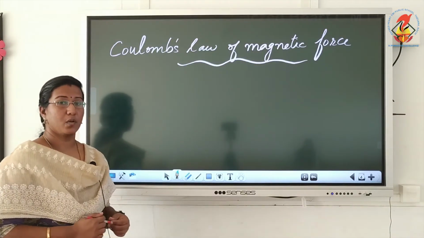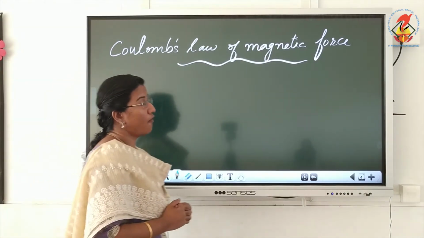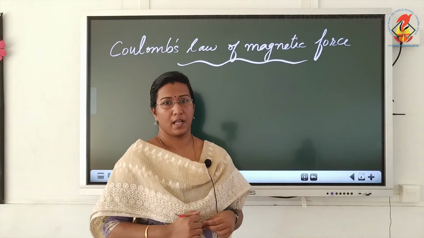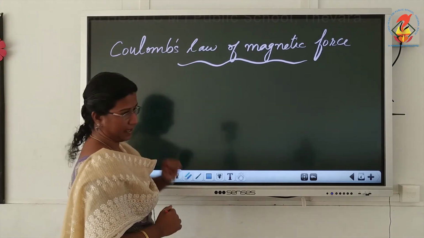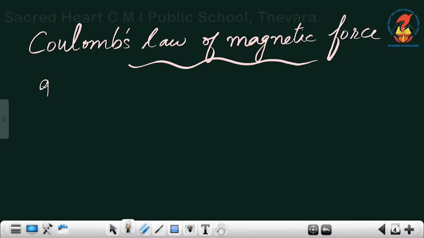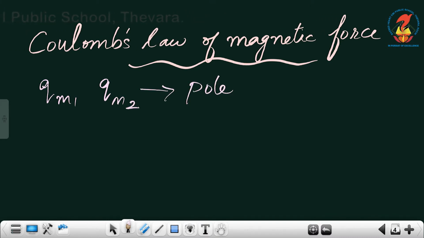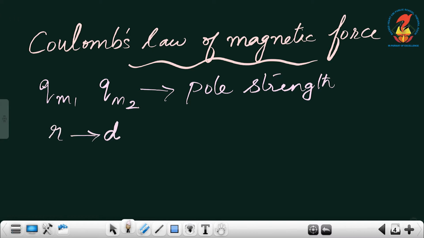Next, we are going to study Coulomb's law of magnetic force. Imagine you have two poles of a magnet having pole strengths Qm1 and Qm2, called pole strength. It can be a north pole or a south pole. And R is the distance between the poles.